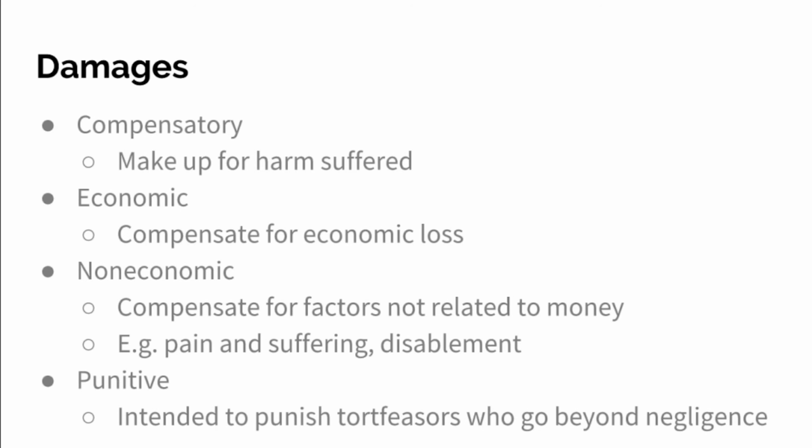Finally, punitive damages are only awarded in 1 to 2% of cases. Normally, situations don't arise where punitive damages are eligible to be awarded. However, they do come up every now and then. Punitive damages are basically intended to punish tortfeasors who go beyond just negligence in the way they act.